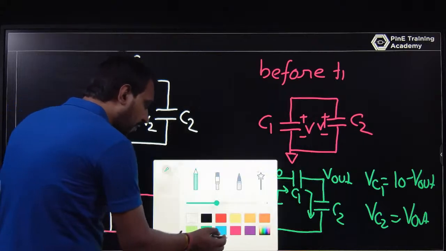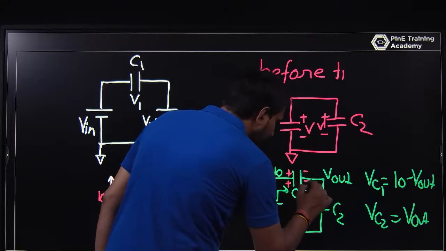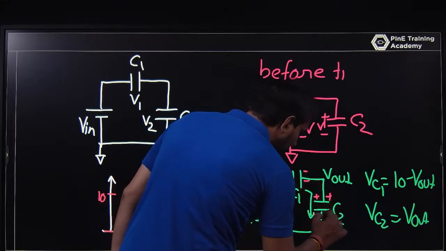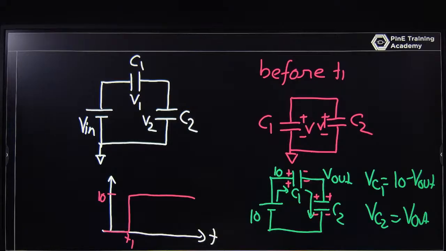This is positive here and this is negative, this is positive here and this is negative. So the capacitor is charging in a way, and the voltage across C1 is VC1 equals 10 minus V out, and VC2 is V out minus 0.